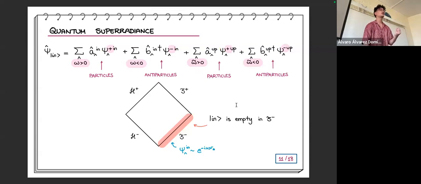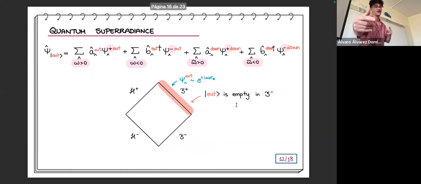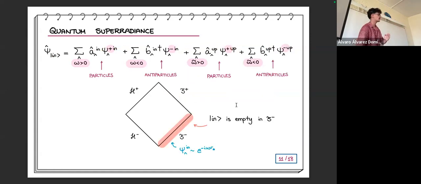If we find that it's not empty in a square plus, I mean, I do not have any incident radiation, but we have some particle creation, an excitation of the field in a square plus, that would mean that the in quantum vacuum is not the same as the out quantum vacuum. So quantum superiority is going to be: I start with the in quantum vacuum, and I find that it is not the same as the out quantum vacuum, because we have excitation of particles in a square plus.